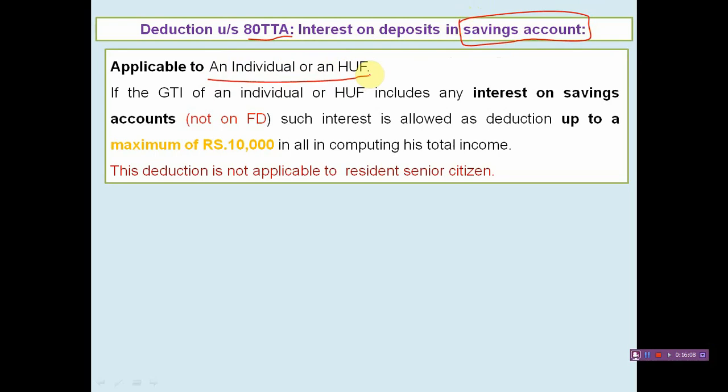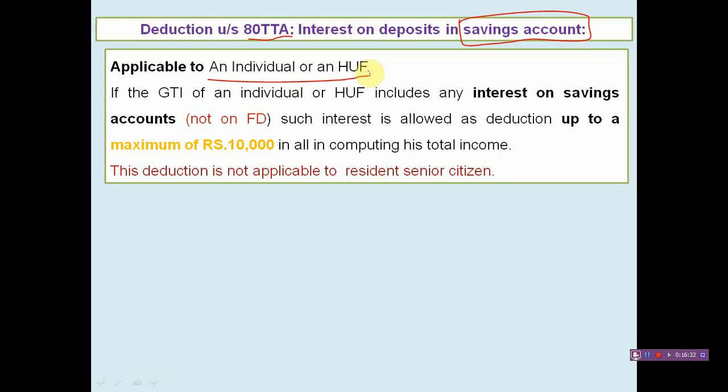Other than individual and Hindu undivided family, this deduction is not applicable to such assessees. It means if a company has deposited in the savings bank, then the interest from such savings bank is not allowed as a deduction for a company.